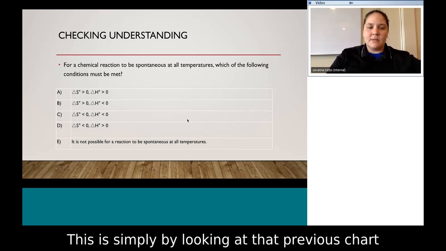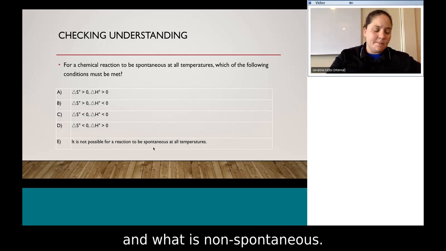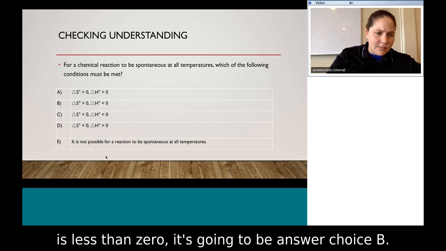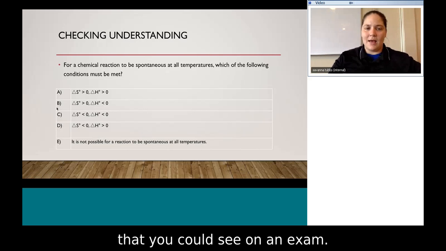This is simply by looking at that previous chart and determining or remembering what is going to be spontaneous and what is non-spontaneous. And for delta S greater than 0 and delta H less than 0, it's going to be answer choice B. And this is an example concept type question that you could see on an exam.